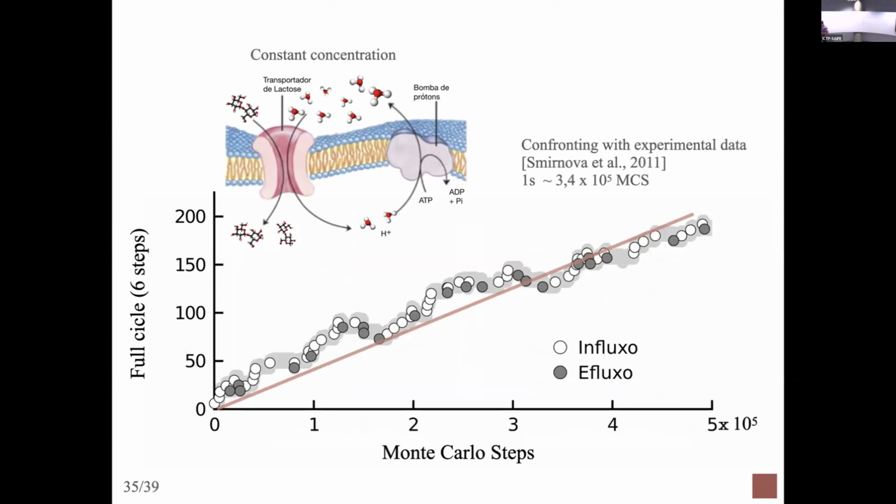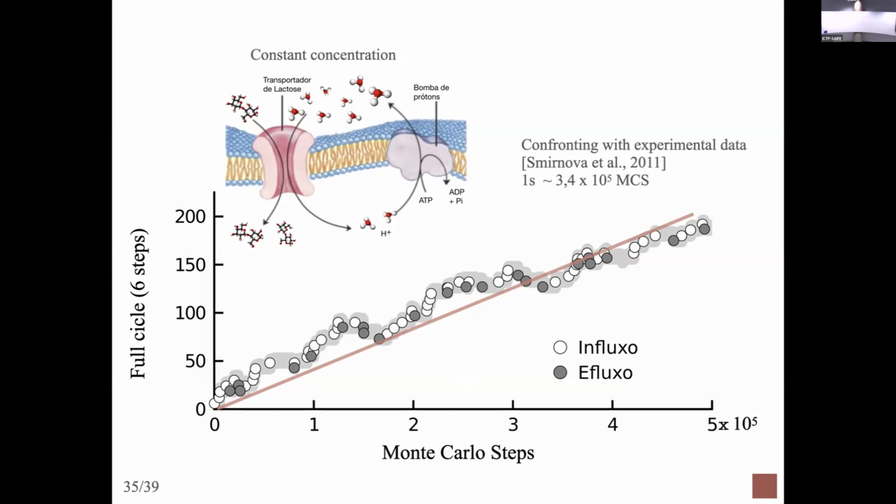And here is a longer process, so we are just going to see how it goes over a very long time. Each circle of this is a full cycle. A full cycle means it goes through the 6 steps. But because it's a statistical model, it can go in one direction, and it can also go in the other direction. Sometimes it works, putting lactose from outside to inside, and sometimes it goes backwards.